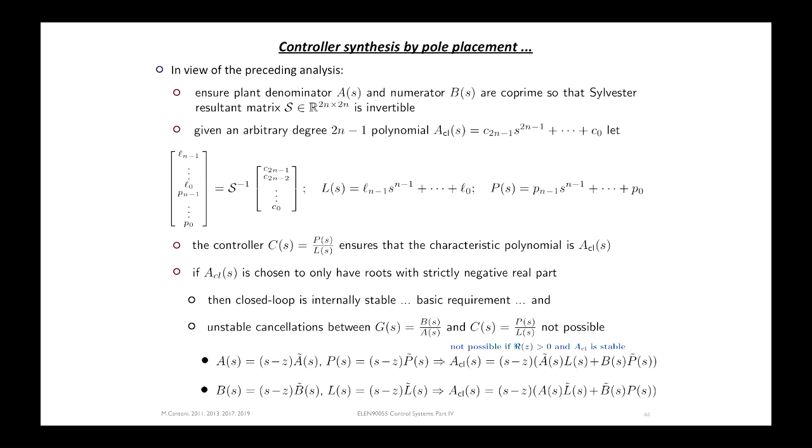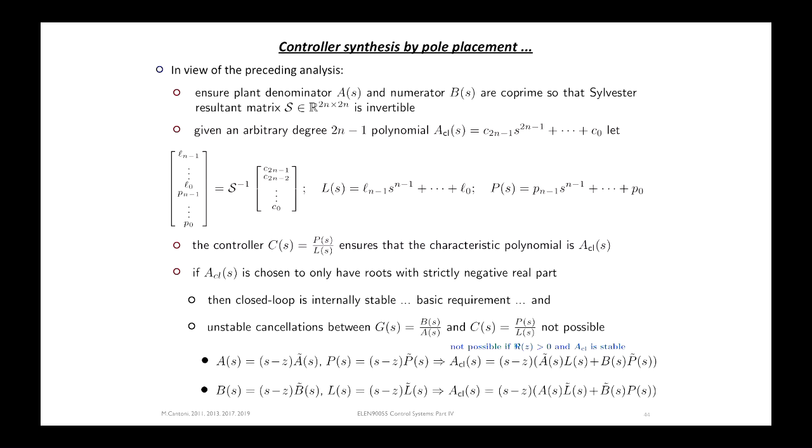And you don't have to worry about the potential for pole zero cancellation between the polynomials of your controller and the plant, which we know can be a problem if the cancelled poles and zeros are in the right half plane. That's a big no-no. But that can't happen.